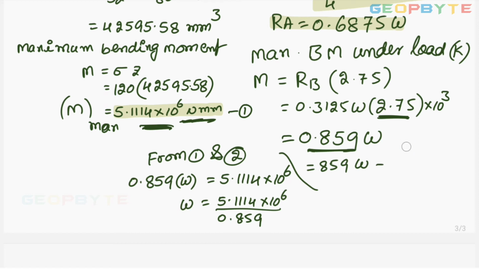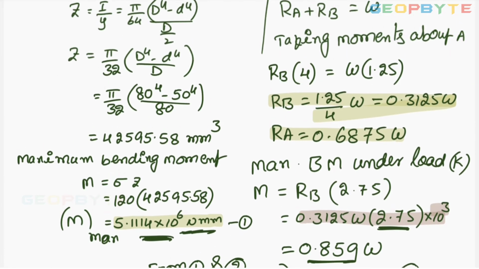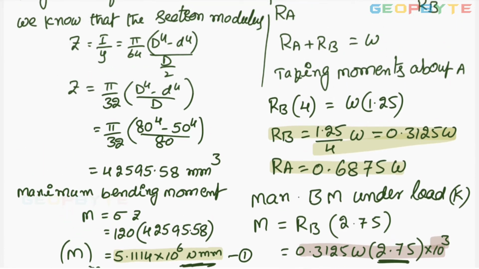Should be very careful. I hope all of you understood. The reason why I multiply with 10 power 3 is here, 2.75. Look at the 2.75 for the load diagram.